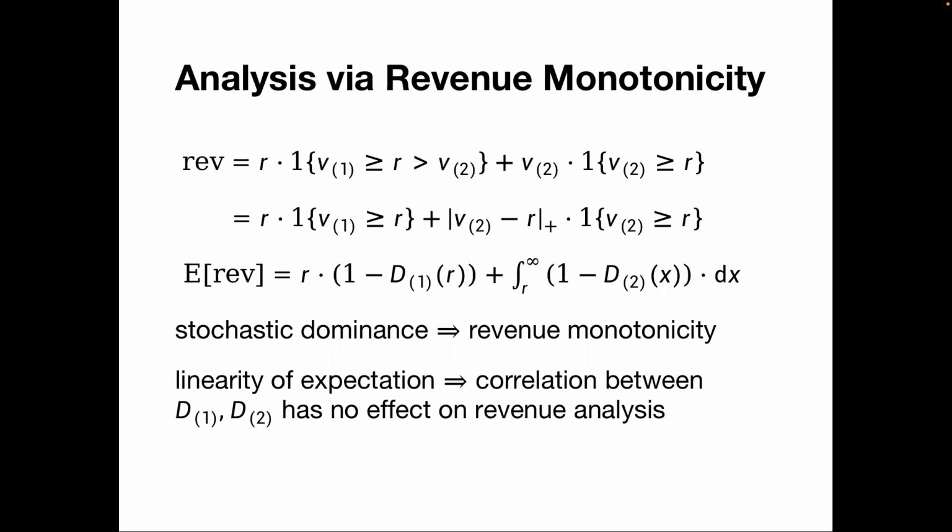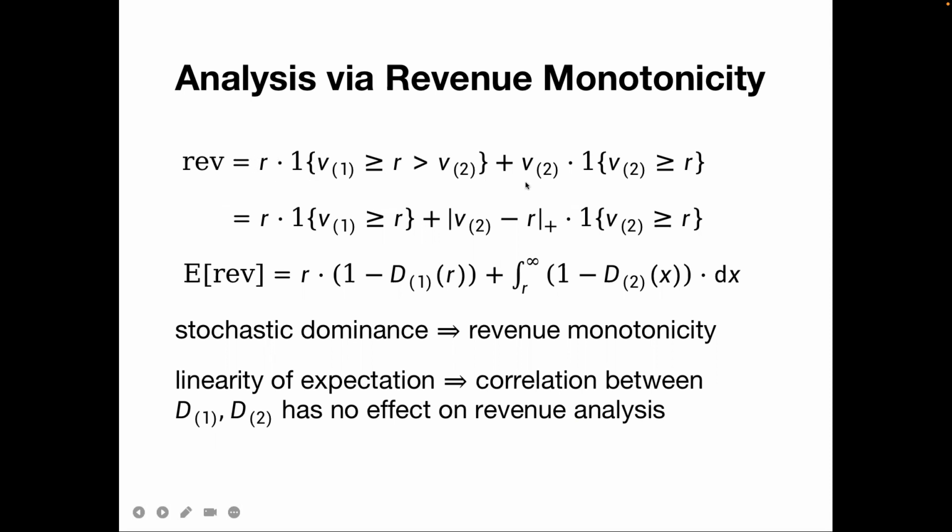Recall that for a second price auction with anonymous reserve, the outcome has two possibilities. First, suppose there is exactly one bidder whose value is higher than the reserve price. Then in this case, the outcome revenue of our auction is exactly the reserve price.